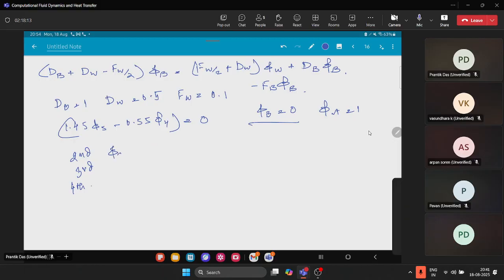So this becomes phi 2 minus 0.55 phi 1 minus 0.45 phi 3 equal to 0.